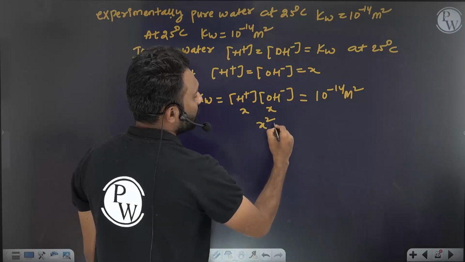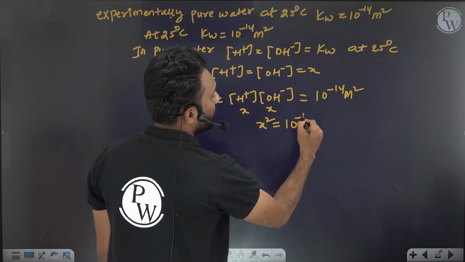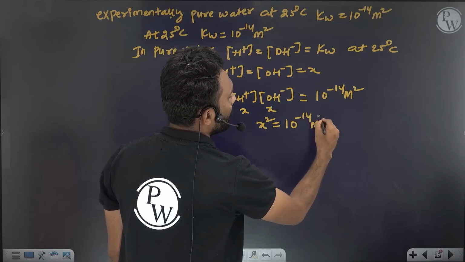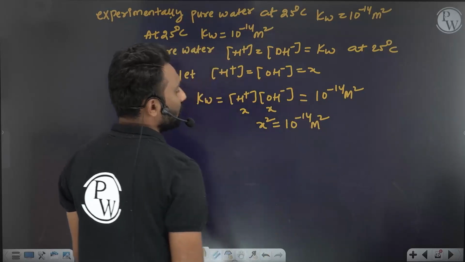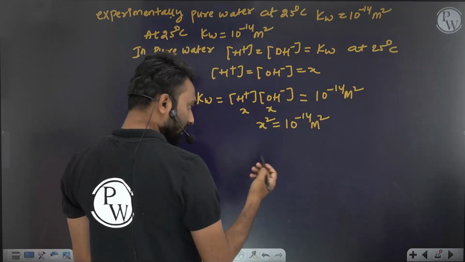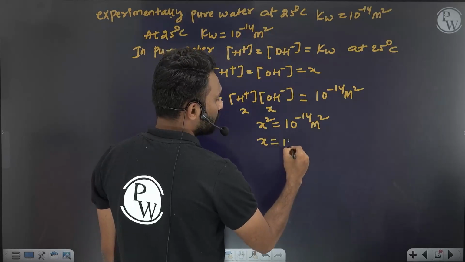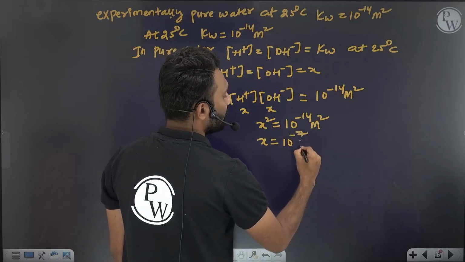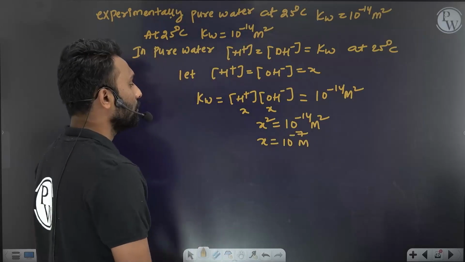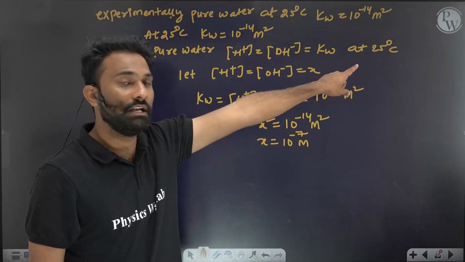X square is equal to 10 to the power minus 14 molar square. Now if I take the square root to the right hand side, X is equal to 10 to the power minus 7 molar at 25 degrees centigrade.